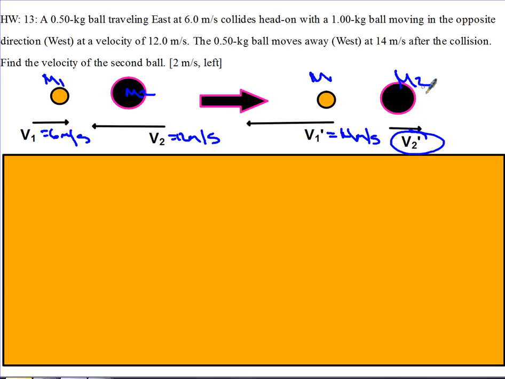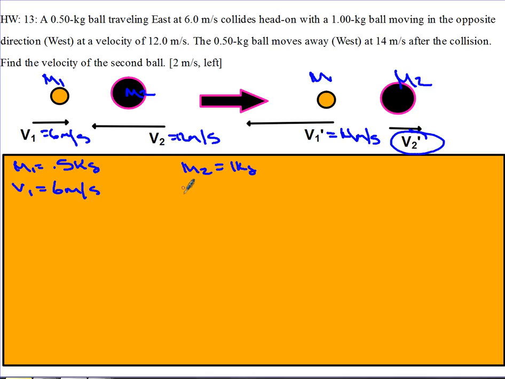All right, let's write our conservation of momentum law. Well, first of all, let's write down what all we know. M1 is 0.5 kilograms. M2 is 1 kilogram. The initial speed of the first ball is 6 meters per second, and it's positive because it's going east.